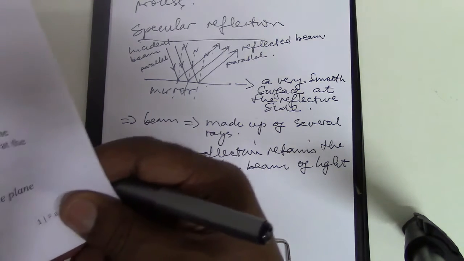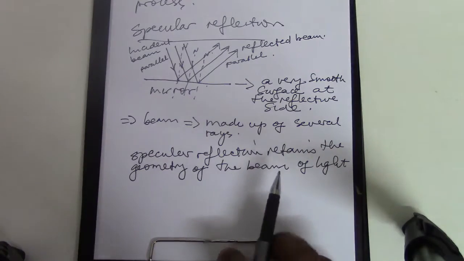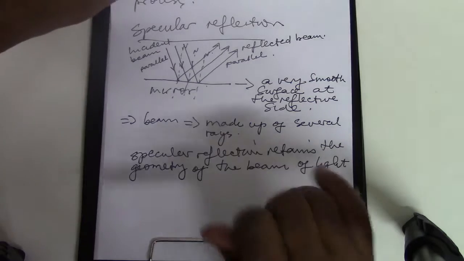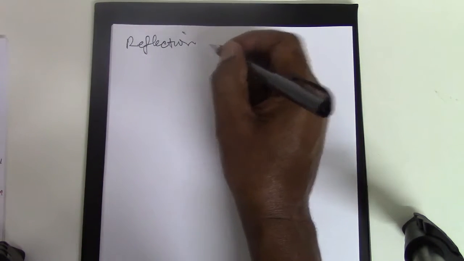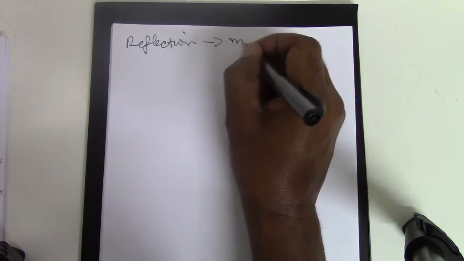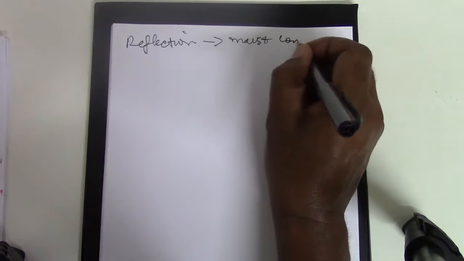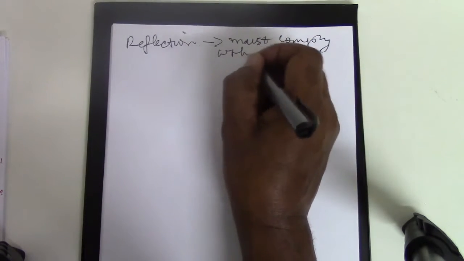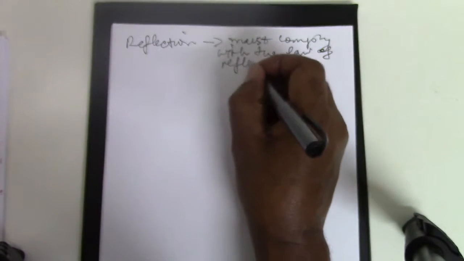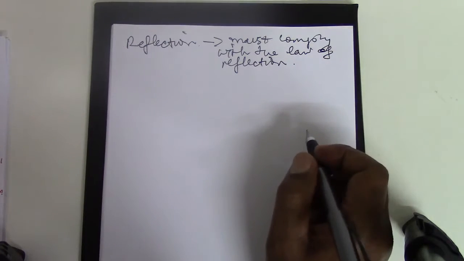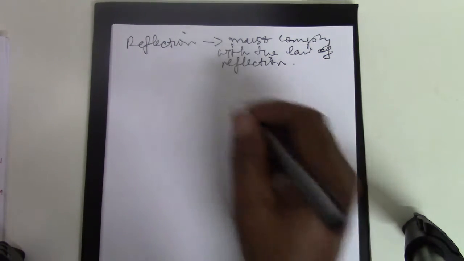Now, the reflection must always take place in such a way that it must fulfill the law of reflection. Reflection must comply with the law of reflection. In other words, it must satisfy the law of reflection.